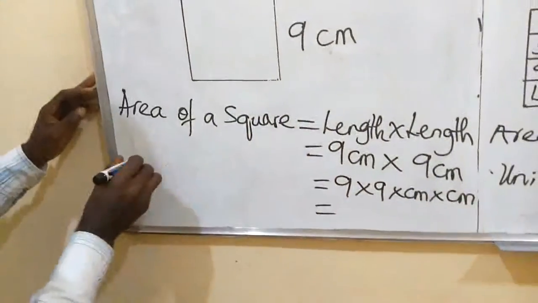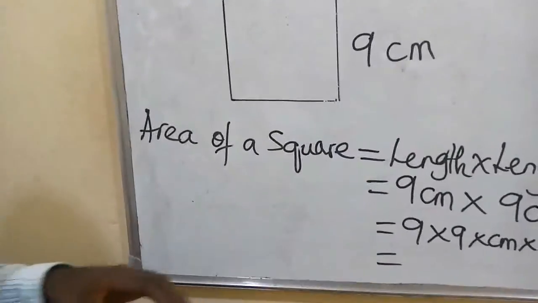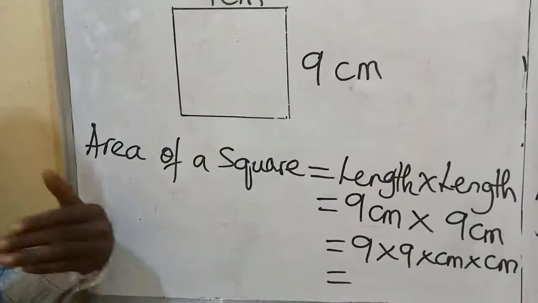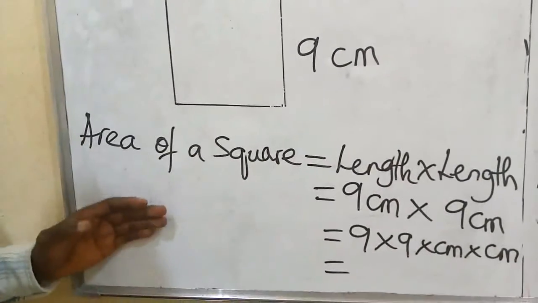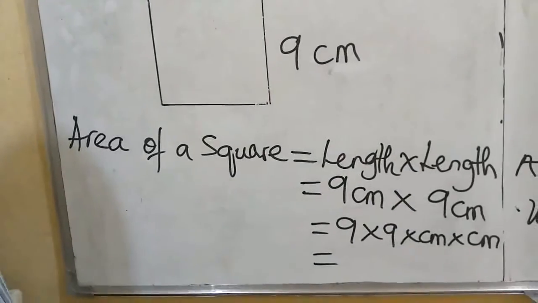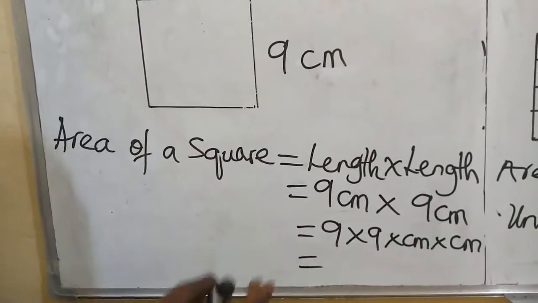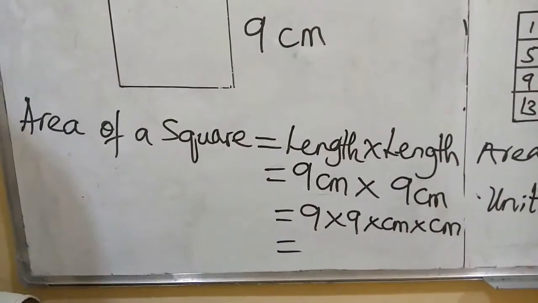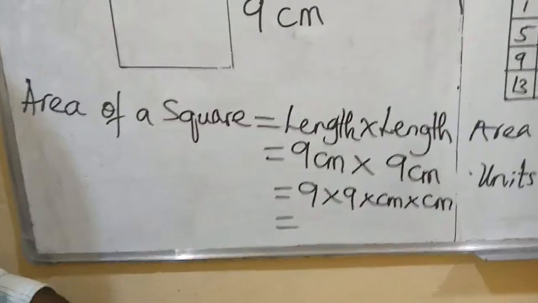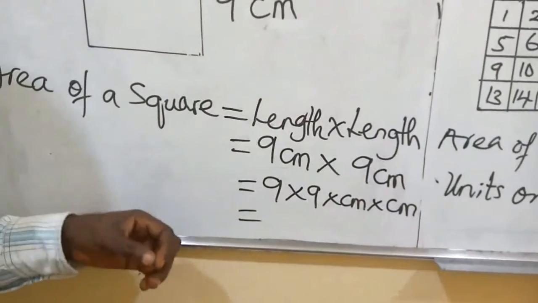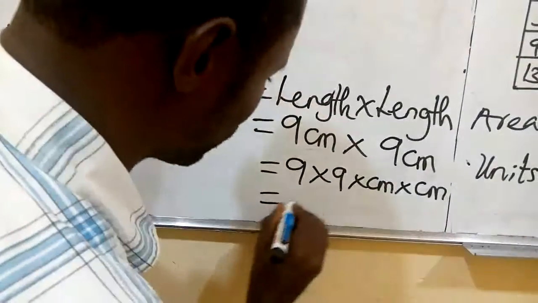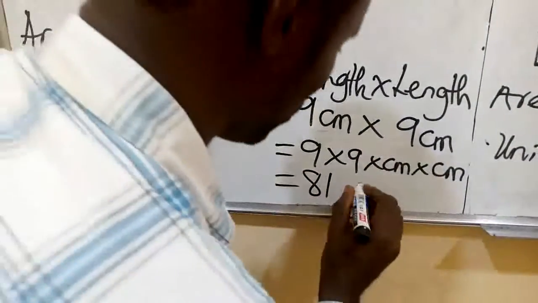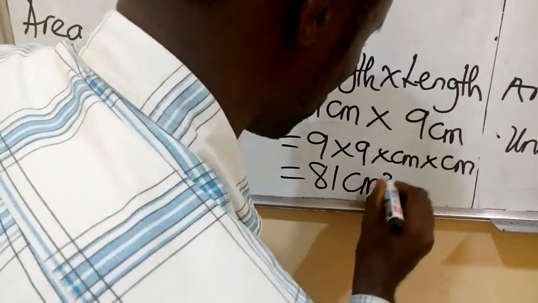9 times 9, you have 9 groups of 9. If you have to use your multiplication table, because if I use the other method I like using for your understanding, it's going to take our time and the space here will not be enough. So now, using our multiplication table, you agree with me that 9 times 9 is what? I guess you are saying 81. And then cm times cm, cm square.